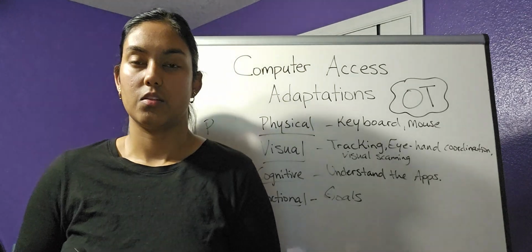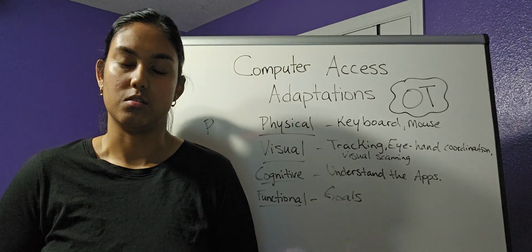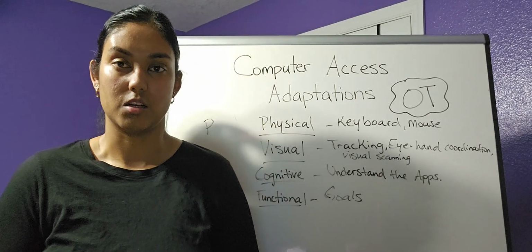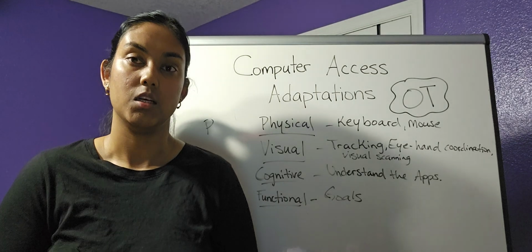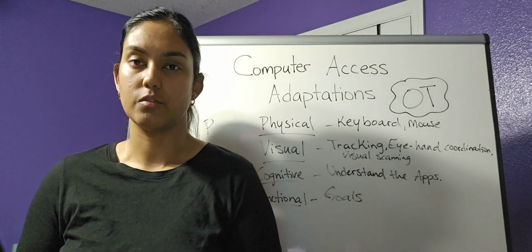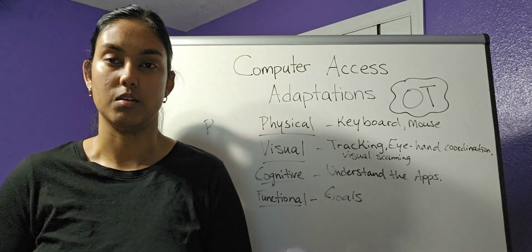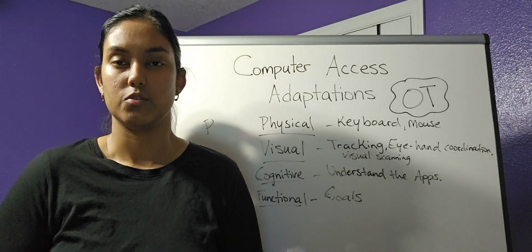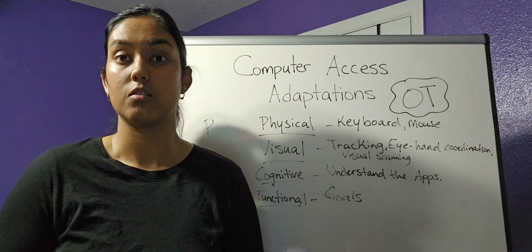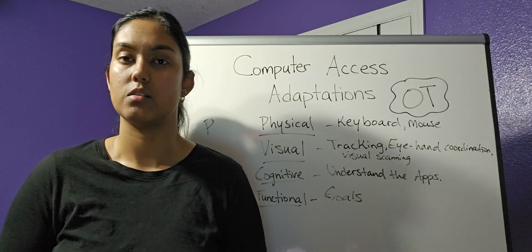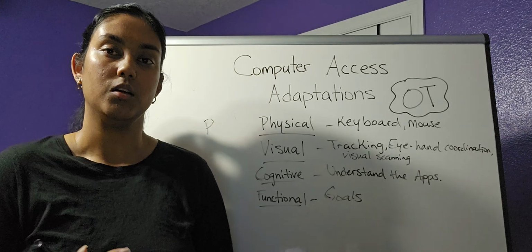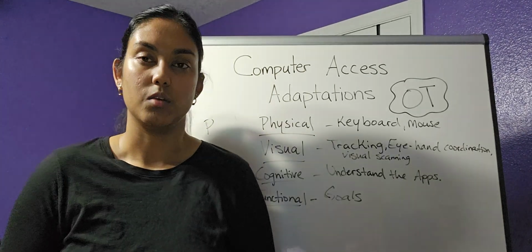For our patients with vision deficits, so low vision, there's low vision software, and then there's also a high contrast cursor to be able to see the cursor better. For reading, there's software for read aloud formats, so our patients with dyslexia are able to have word prediction programs, or like autocorrect, for instance, where you type a few letters and then the rest of the word shows up. So that'll be able to help them get through using the computer a little bit easier as well.